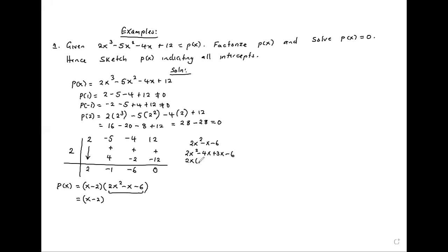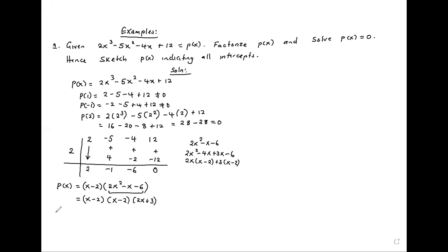So 2x is giving us x minus 2, plus 3 giving us x minus 2. So that when we come here, we'll have x minus 2 multiplied by 2x plus 3. We've answered the part that says factorize P of x.